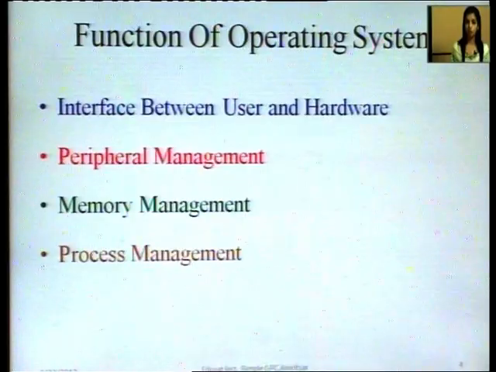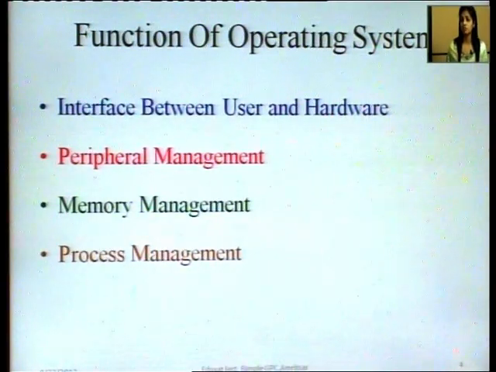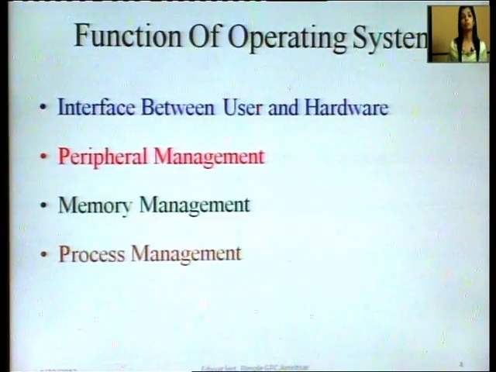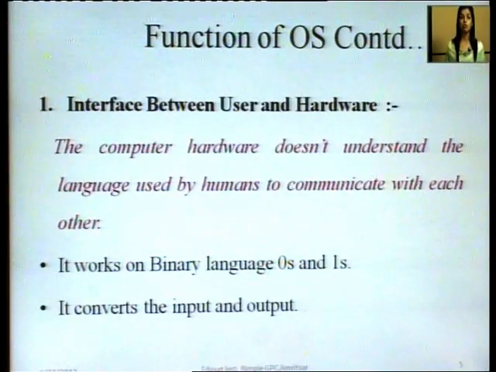So every process executes independently, and that is managed and controlled by the operating system. Without the management of the operating system, we can't execute multitasking and multi-programming. If the processes execute simultaneously and independently, then multitasking and multi-programming are executed.